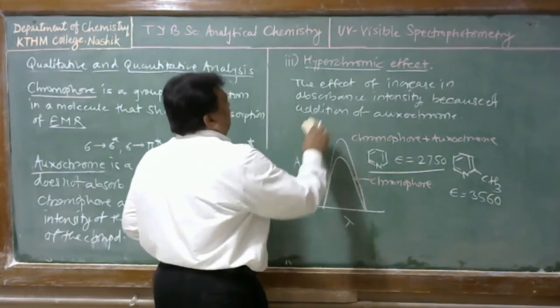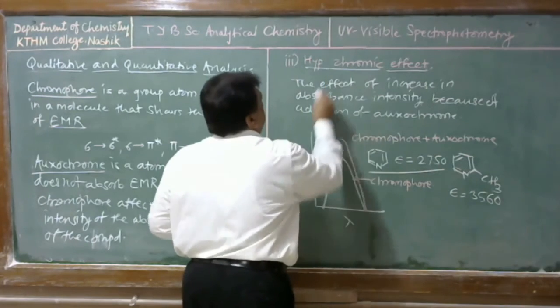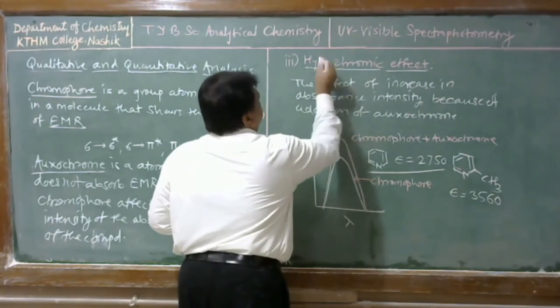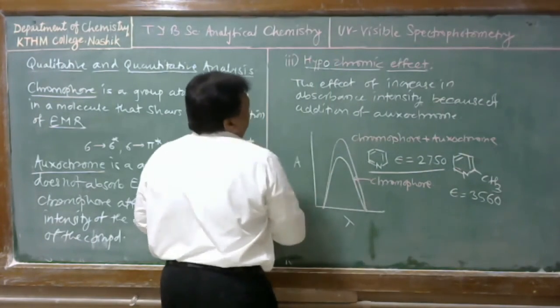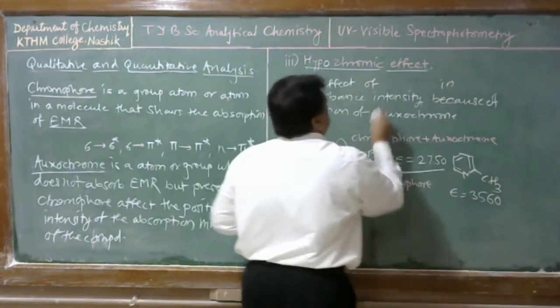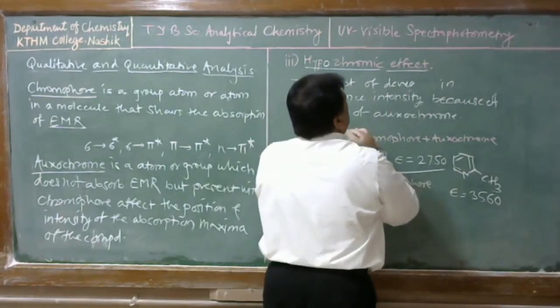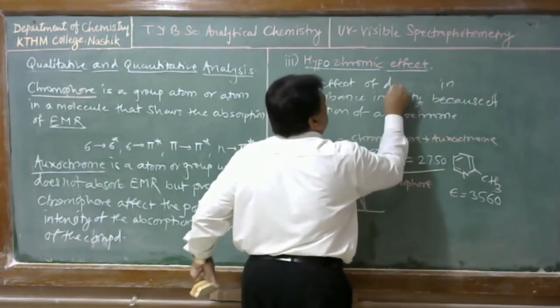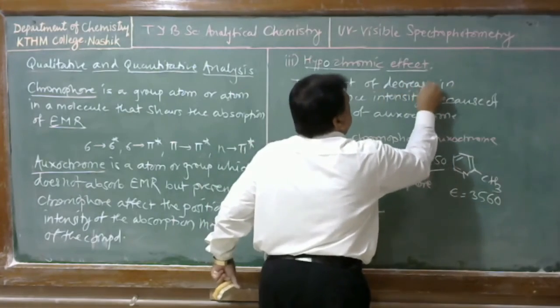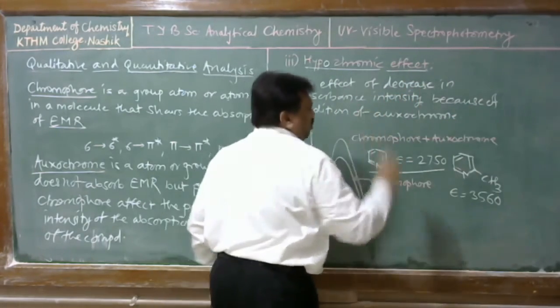The second type of effect is called hypochromic effect. Hypochromic effect is the effect of decrease in absorbance intensity because of addition of oxochrome.